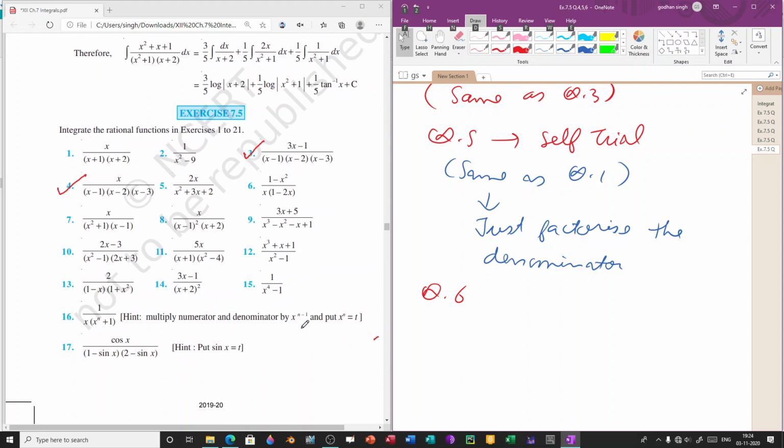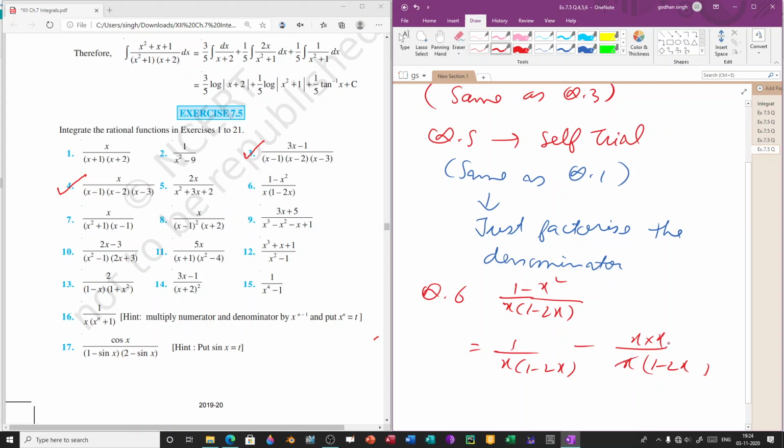So question number 6 you can rewrite as (1 minus x square) over x into (1 minus 2x), which can be written as 1 by x into (1 minus 2x) minus x square over x into (1 minus 2x).